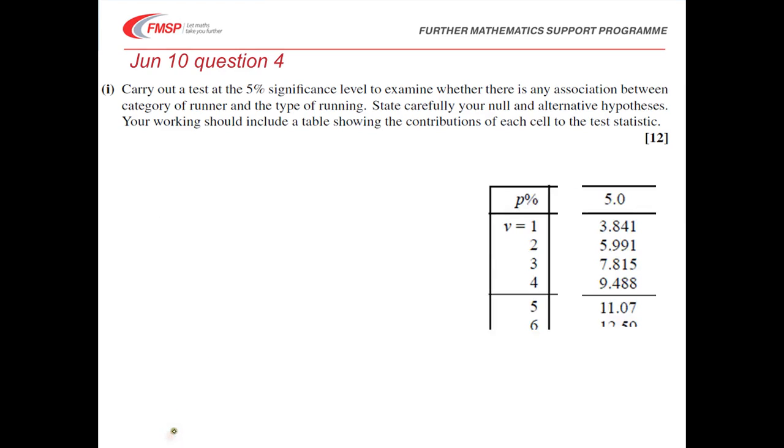Okay, so at the 5% level, with 4 degrees of freedom, we've got our chi-squared value as being 9.488. So your x squared is 10.21. That is your test statistic, by the way.